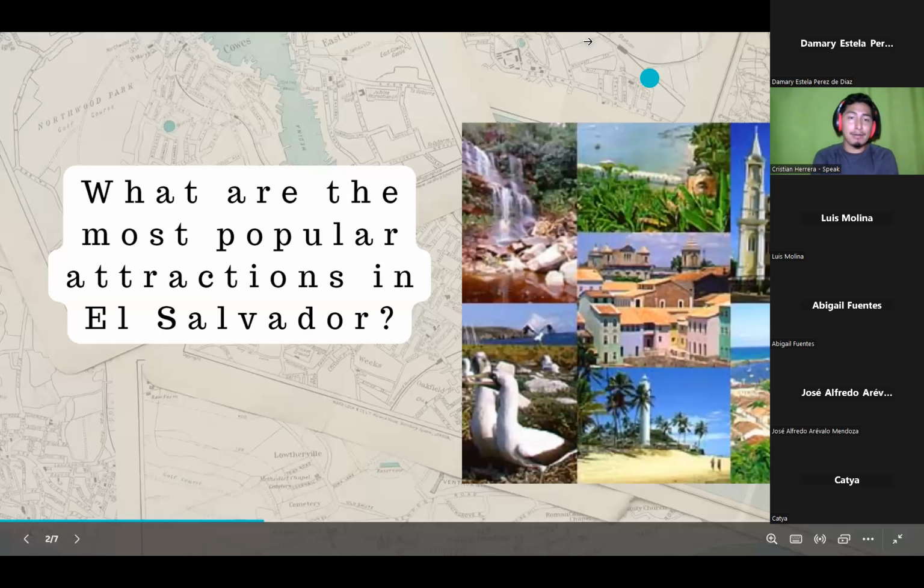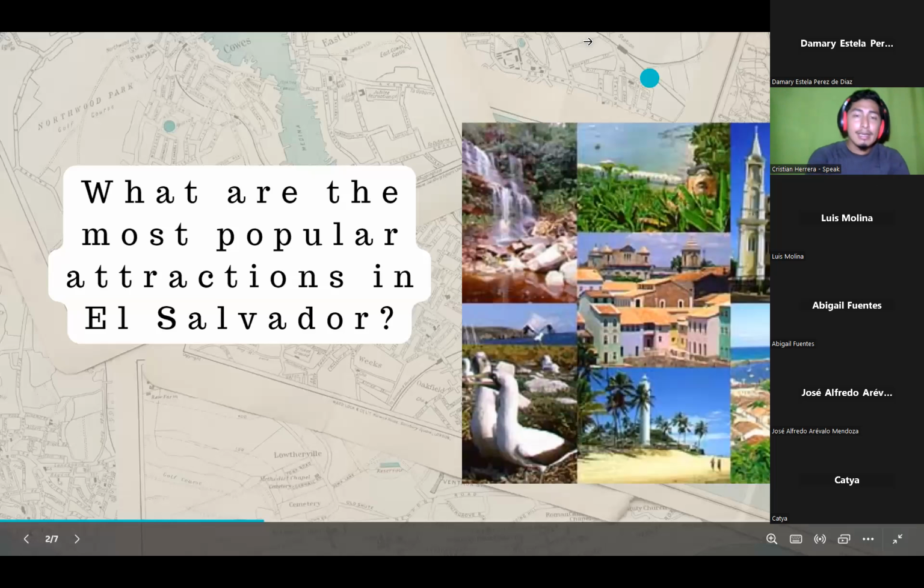You have both two options. You can walk from Miramundo, I guess, to El Pital, or you can go by car. But walking, I consider it an extreme experience. Then you have the other place, Santa Ana volcano.